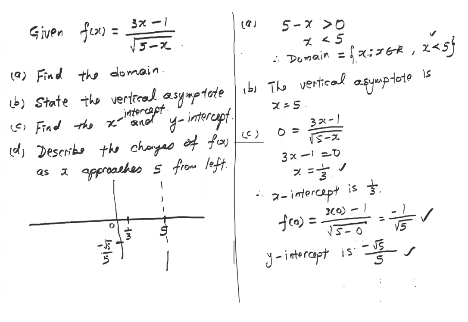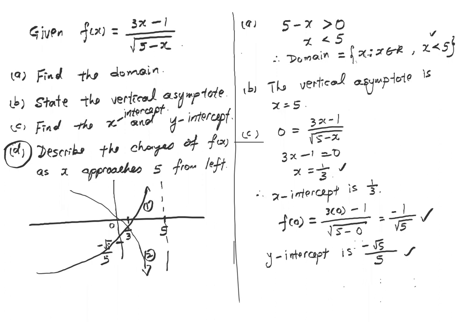So I want to know how the graph goes. Does it go like this, or does it go like this? Which one, 1 or 2? I'm going to use part D to determine. You get me? That is the purpose of part D, so I will know how to choose the graph.